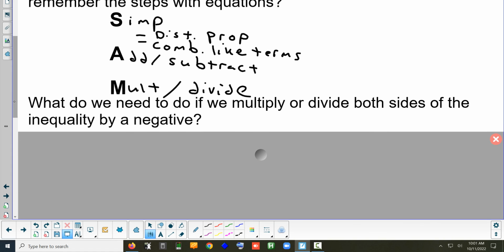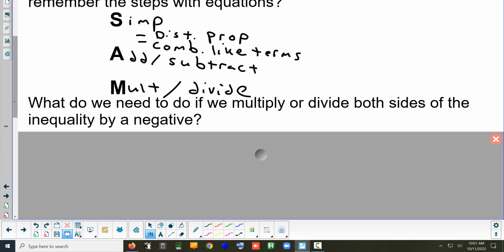Now remember, whatever you do to one side of an equation, you have to do to the other. This next part is the second question on your guided notes. What do we need to do if we multiply or divide both sides by a negative number? What do you mean, flip the problem?